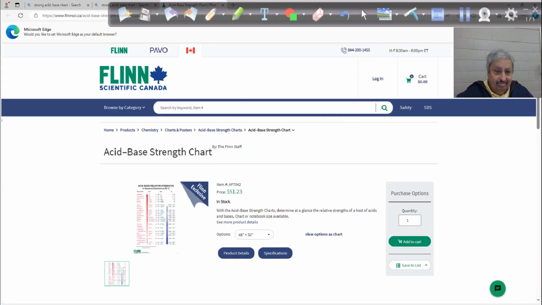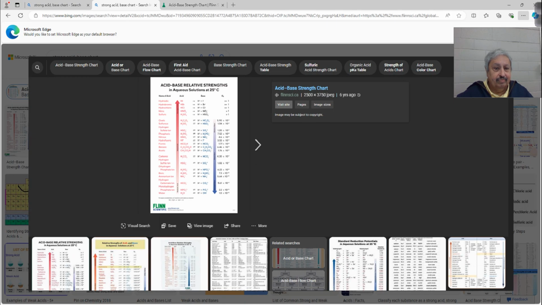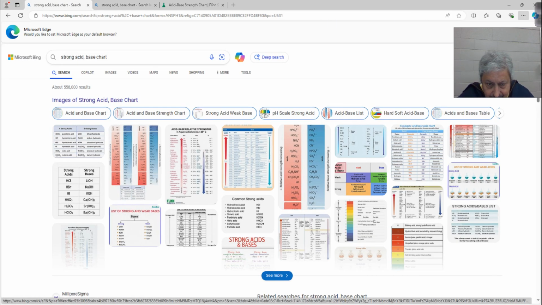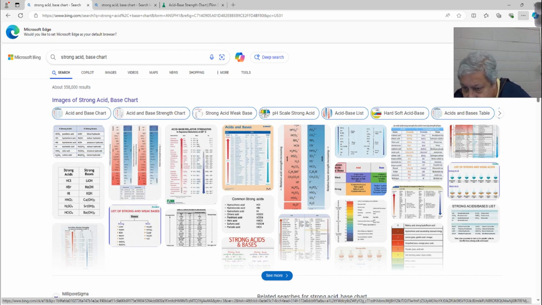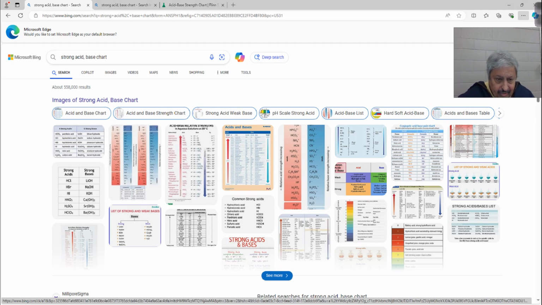They don't give the value very well, so I wish they could give you the value, but I can send you the chart with the value.